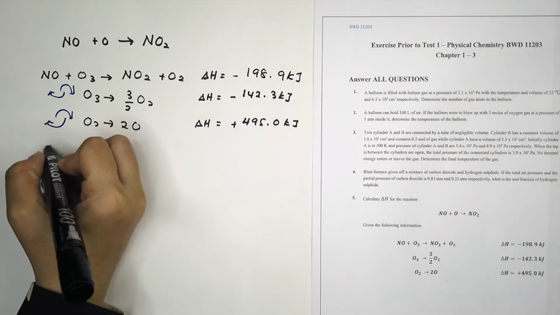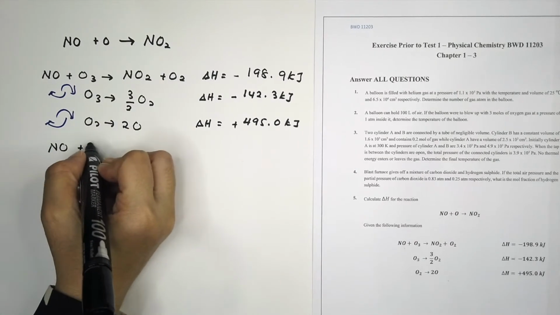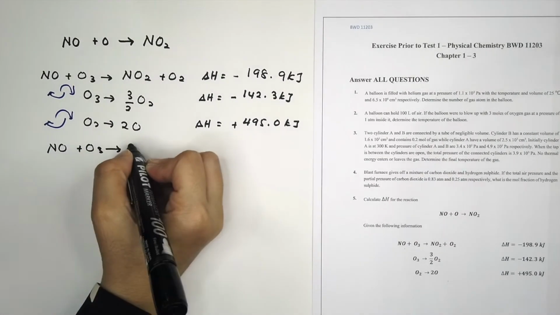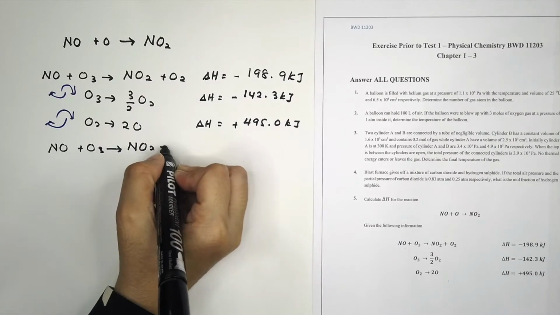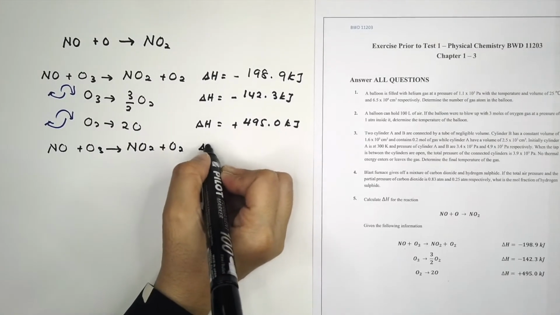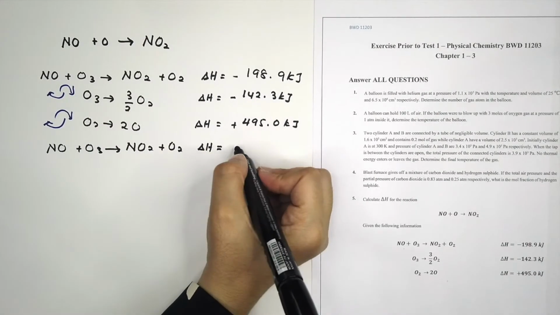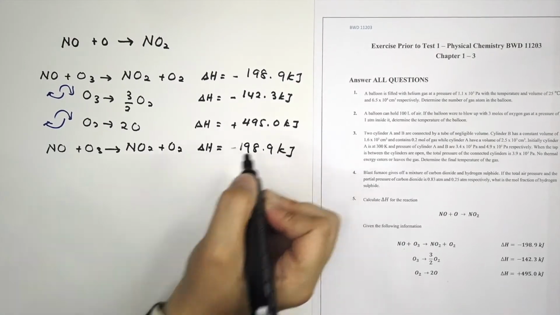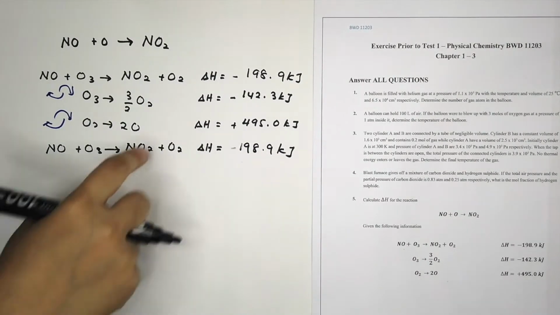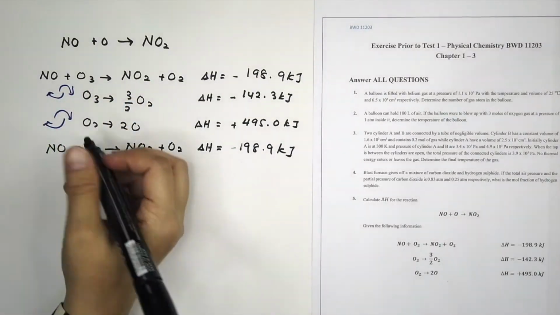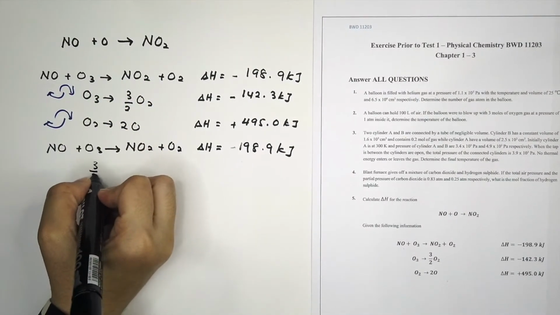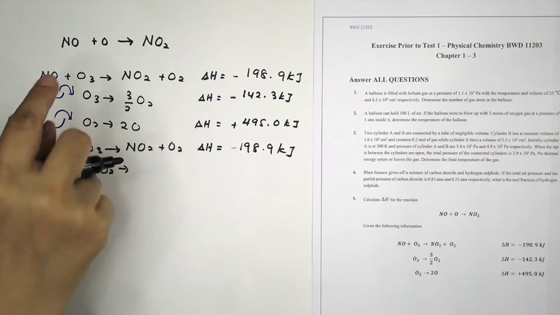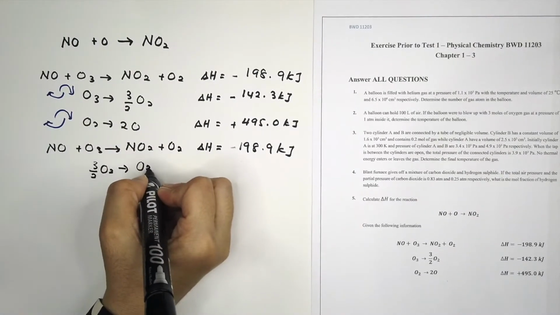So the first equation, we just have to copy the whole thing because we don't do any adjustment to the positioning of the reactant and the product. But the second one, because we need to twist it, is going to be 3 over 2 O2 will produce the O3.